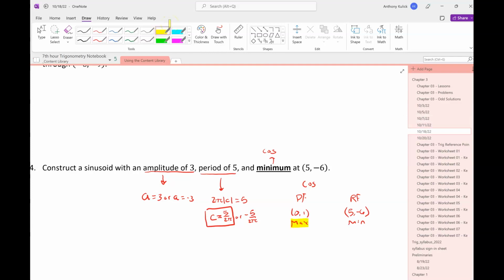Since our parent function is going from max to min, what does that tell me about the value for a? Needs to be negative because we're switching types. Since the x-coordinate of our parent function is 0, the x-coordinate of our resultant function is our value for h.